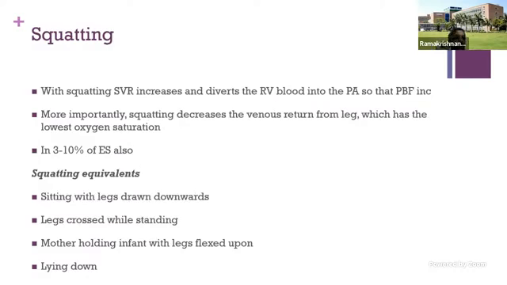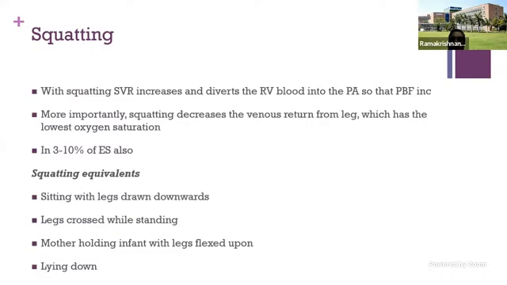So squatting is generally considered a very important feature of an adult with tetralogy. How does squatting relieve symptoms? We all know that. SVR increases and diverts the RV blood into the PA so that the pulmonary blood flow increases.